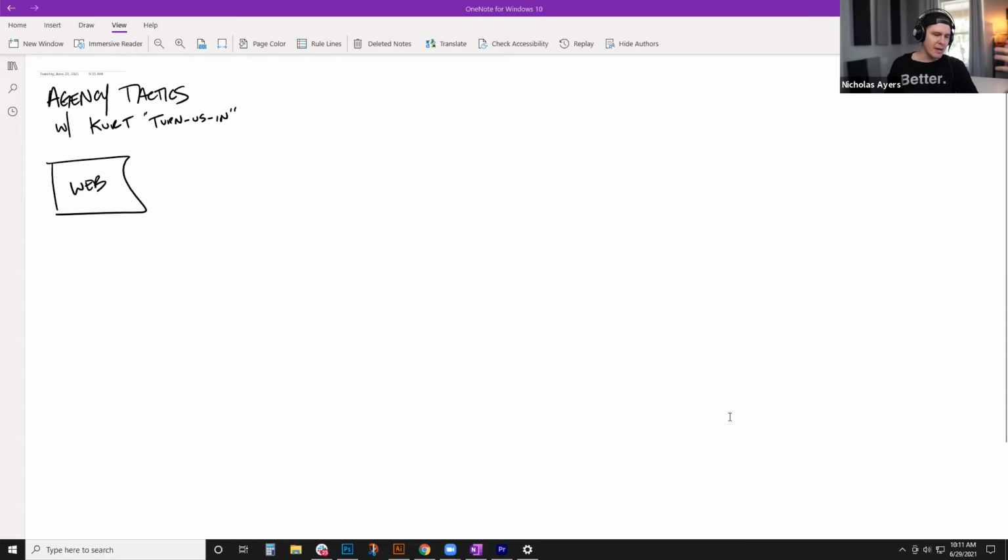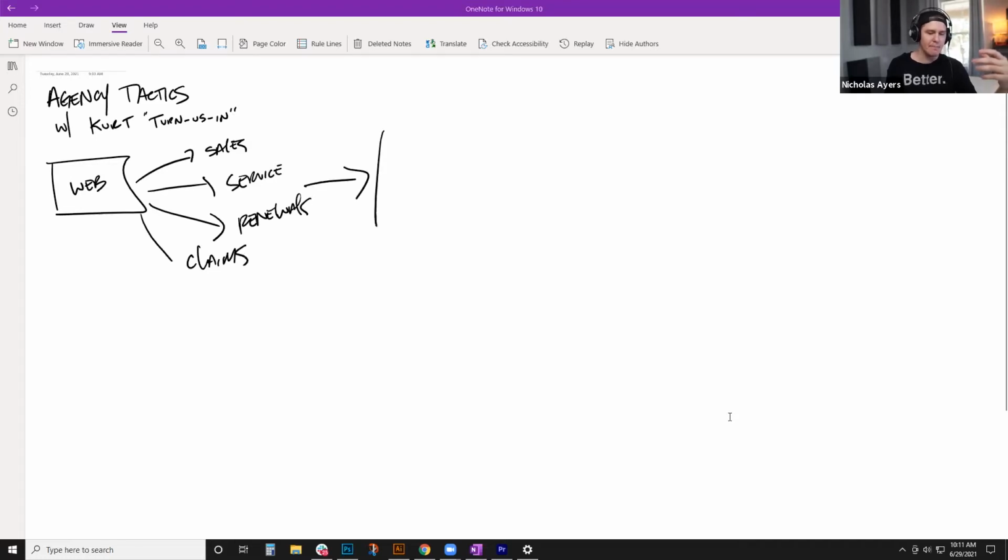What we're going to be talking about today is how to put forms on your website that tie into different aspects of the business, whether it's sales, service, renewals, claims, and the like. Then taking that data and doing something with it, either in the hands of a producer, or even in some other part of technology, some sort of automation platform.